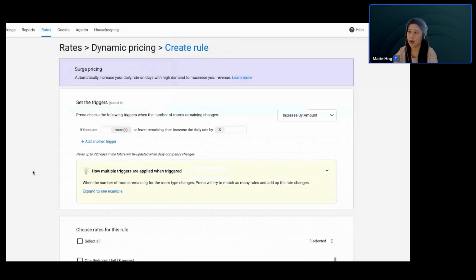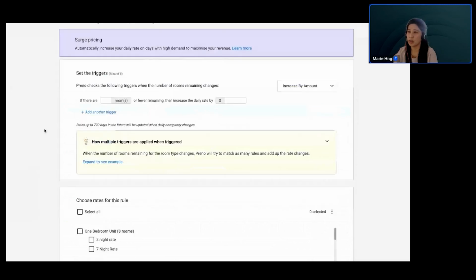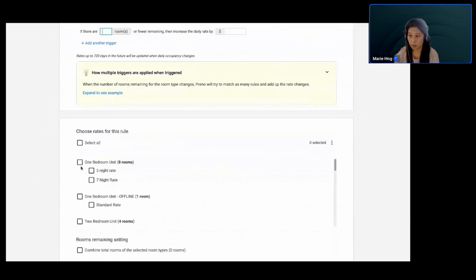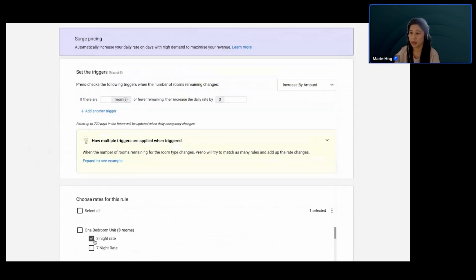Okay, and what you want to do is basically set the number of rooms where you want to start increasing the rate. So for example, if I want to increase the rates for my 1-bedroom unit, okay, so I can click that I only want it to apply for the 3-night rate for the increase, and I have 8 rooms.